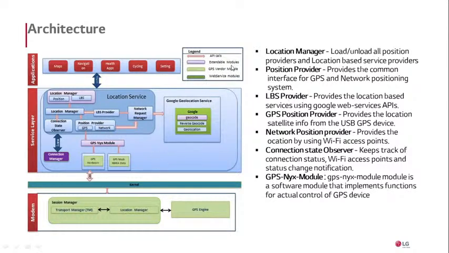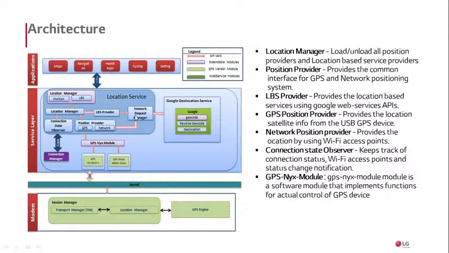We have explained the legend for this architecture: the Luna calls indicate that we talk to the Luna service, and the pink line indicates the API calls. Inside the location service, all these components talk to each other.